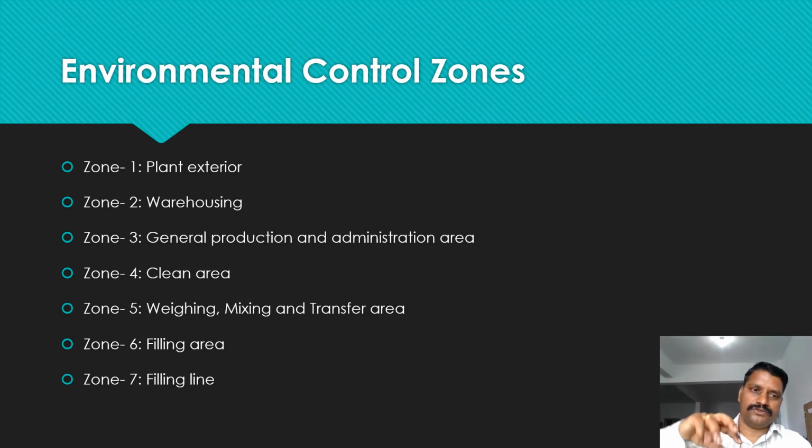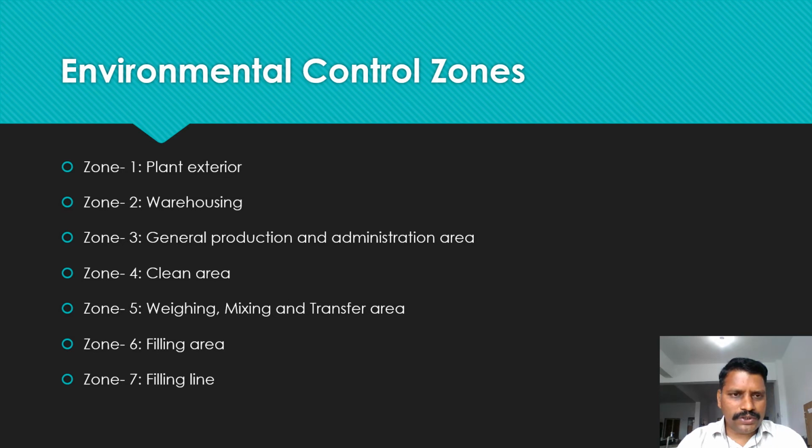So zone 1 means the environmental condition of that particular location, place or industrial zone. So this is about zone 1, plant exterior.